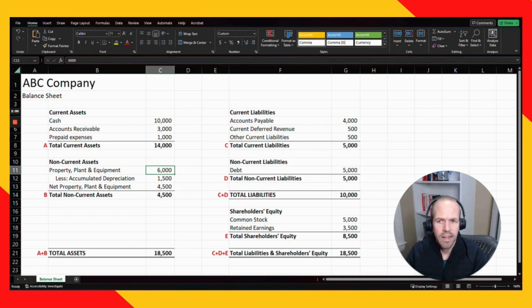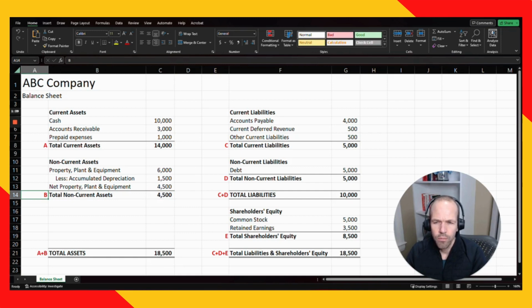And in year three, it would be fully depreciated and the depreciation would be $3,000. So on a balance sheet, you take the gross value of that property, plant, and equipment, and you subtract that accumulated depreciation to get to net property, plant, and equipment. And that's the value of the asset basically today. In this case, total non-current assets add up to $4,500, and we've called that B.